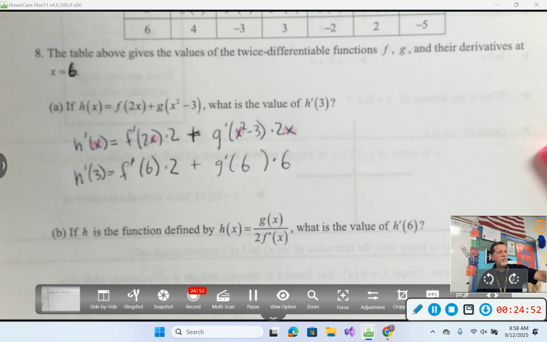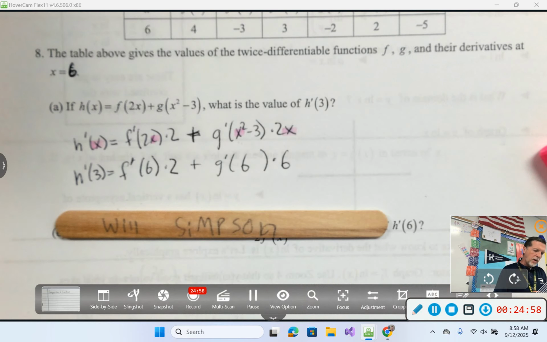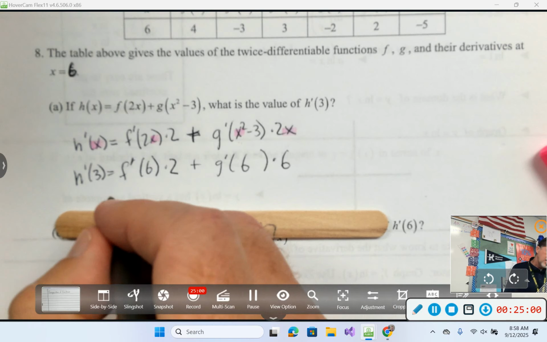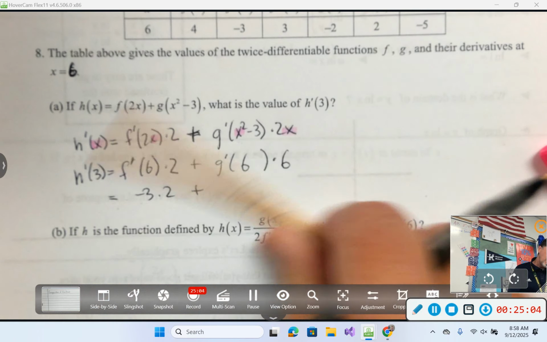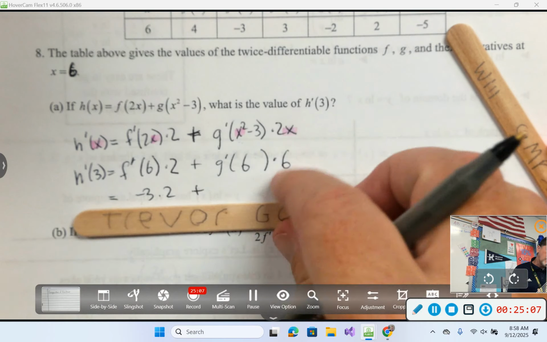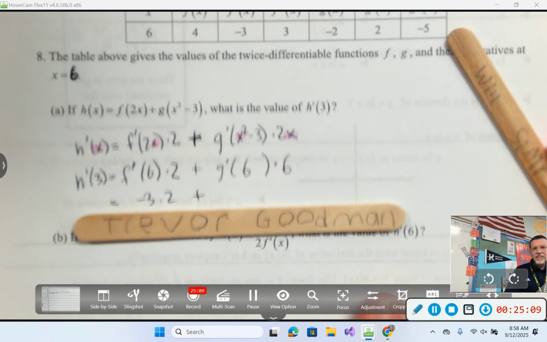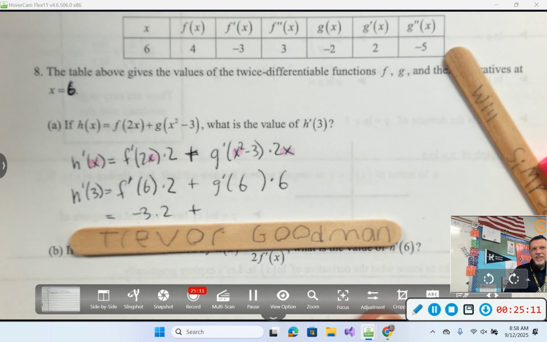And then f prime of 6, that's on the table, but you just got to know where to look. So, Will, what's f prime at 6? Negative 3. And Trevor, how about g prime at 6? 2.